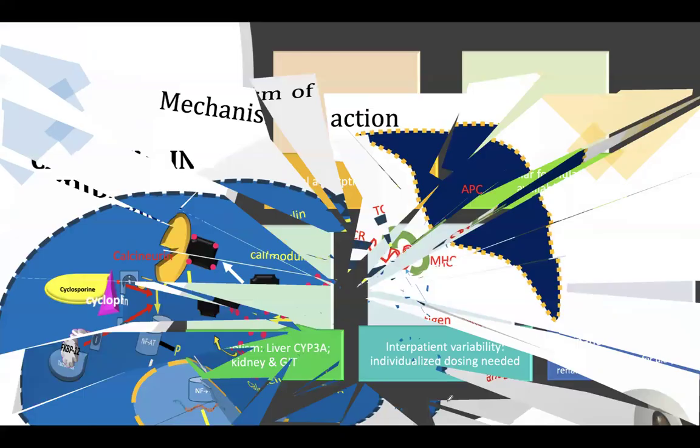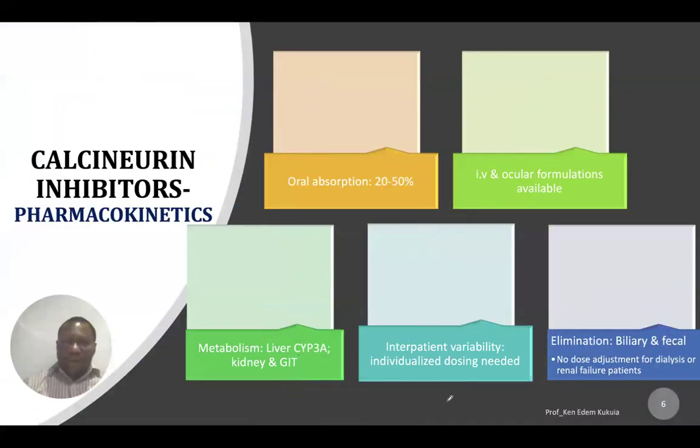Now let's look at the pharmacokinetics of these drugs. Usually, anytime we talk about the pharmacology of any drug, it is important to look at the pharmacokinetics. And today we will look at that. So aside from pimecrolimus, which is usually a topical preparation, the rest can be given orally.